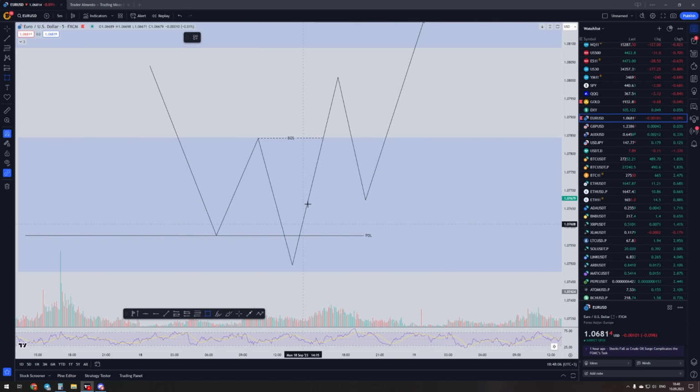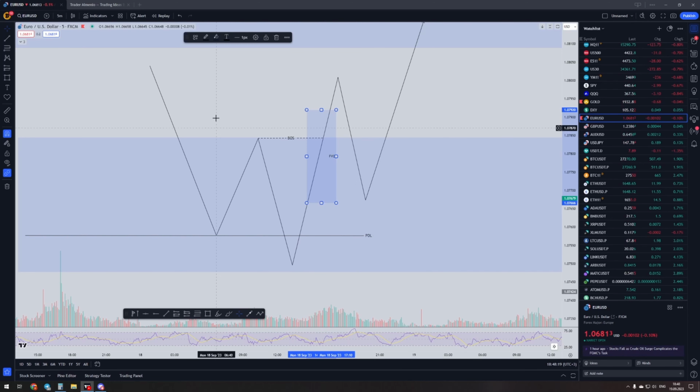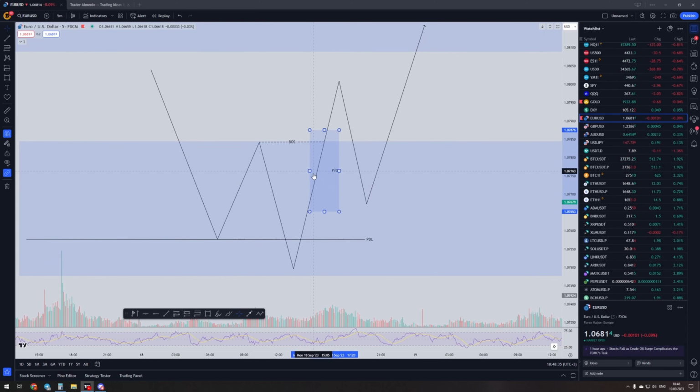So this movement should be with imbalance, right? So this should be an FVG. It's very important that you have the FVG right here when we're breaking the structure. It's going to be our confirmation, or maybe even lower. Yeah, it should be a bit lower, like this.